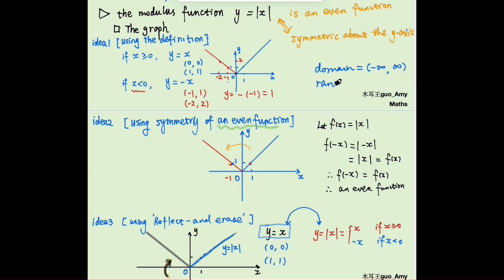And then the range of this function is the set of values greater than or equal to 0. We can also use the interval to express it from 0 to positive infinity. And 0 is included, we use square bracket, and positive infinity we use a round bracket.